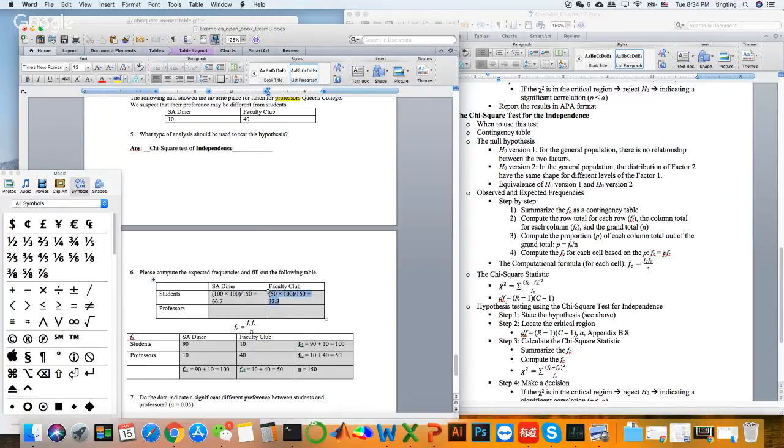And also for this cell, it's 100 times 50.